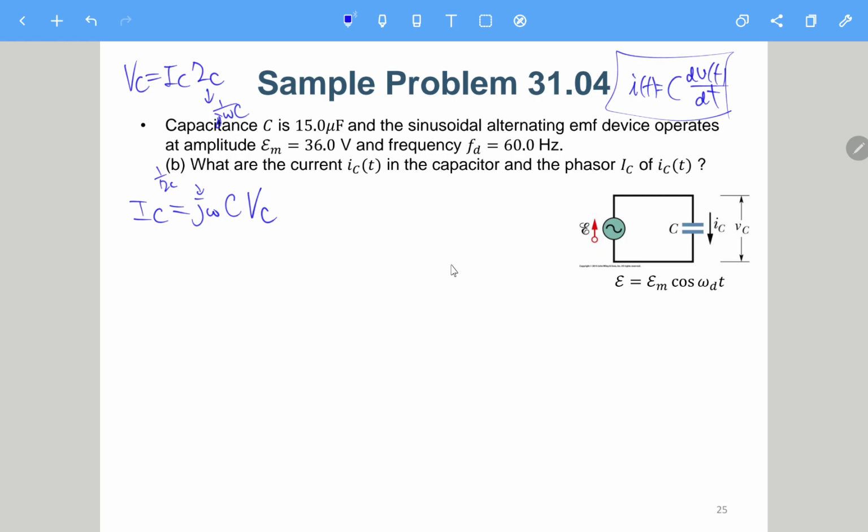This is nothing but j times omega, which is 120 pi, times C, which is 15 times 10 to negative 6, times VC, which is 36.0.